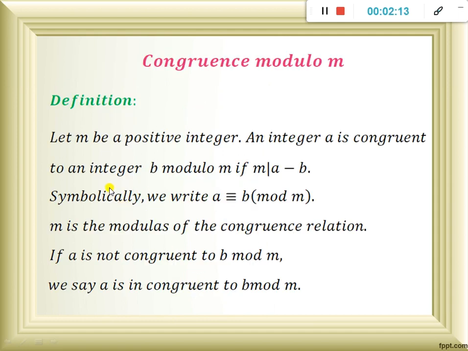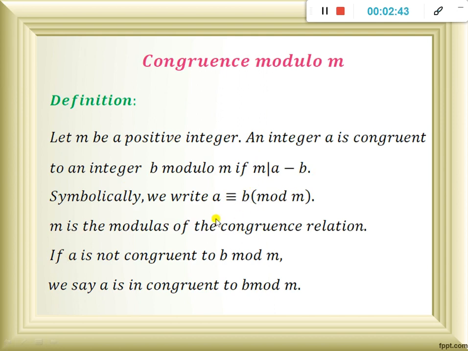Again, there is one more way of describing congruences. Let m be a positive integer. An integer a is congruent to an integer b modulo m if m divides a minus b. So this indicates how you can check whether one number is congruent to another number. Using this concept, whenever m divides a minus b, we can tell it is congruent, otherwise not, right?